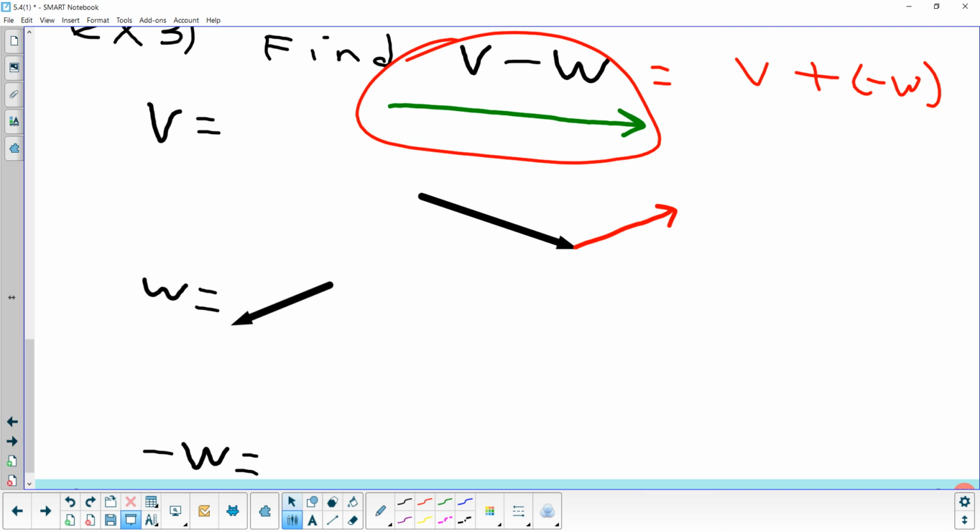So always think of subtraction as adding the opposite of the second one. That's how you do it visually. We haven't really done too much with numbers yet, but that'll be more tomorrow.